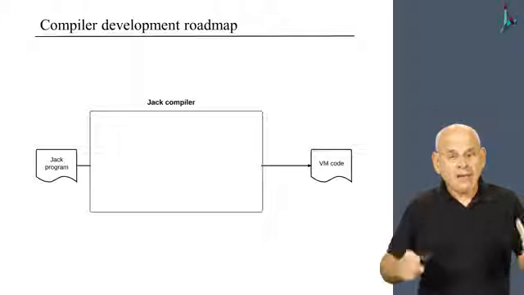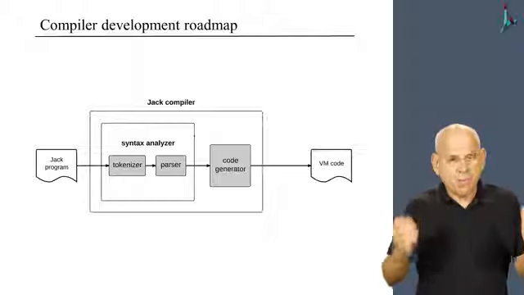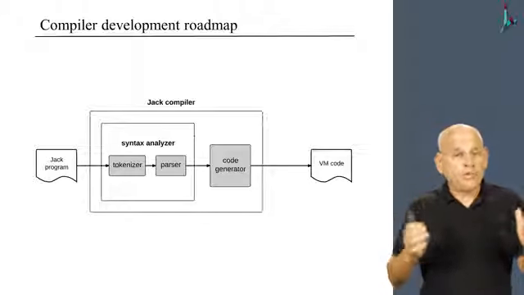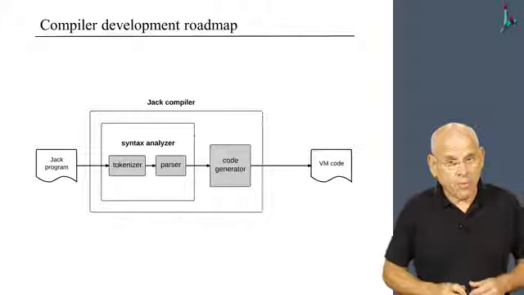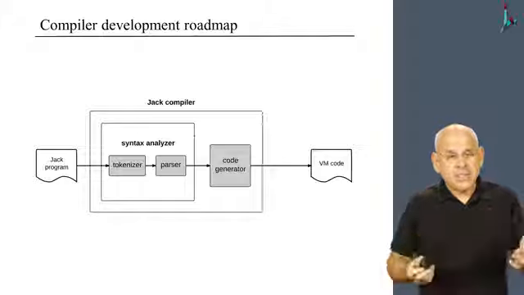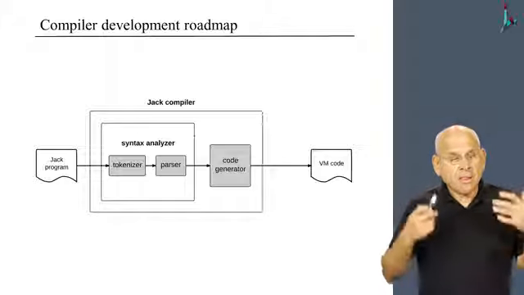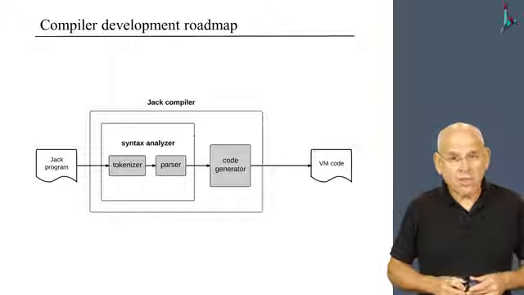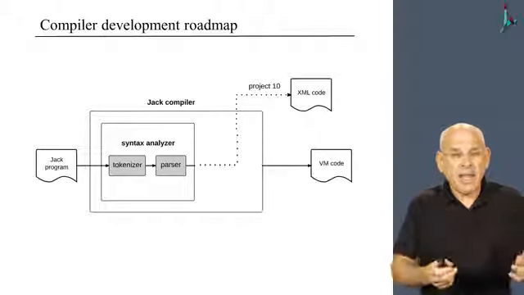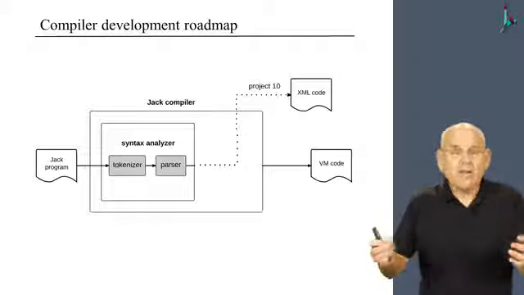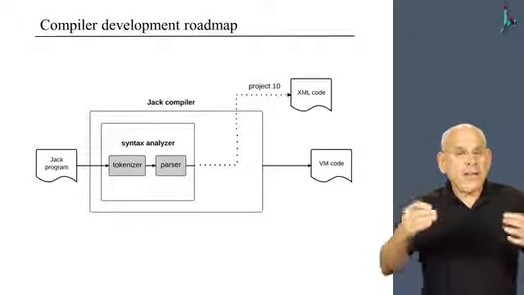Now, we decided to split the construction of this compiler into two well-defined modules, a syntax analyzer and a code generator. Now, the syntax analyzer is something that we already developed in the previous modules. And in order to test it, we decided that the syntax analyzer will emit not VM code, but rather XML code.